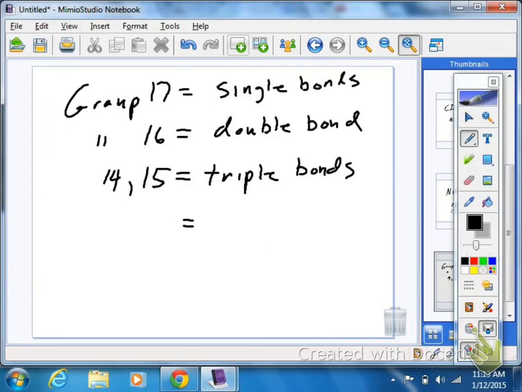Okay? If you look at group 14, they can have 2 double bonds. So that one's kind of different. I'm going to give that one for you. But they can have 2 sets of double bonds. Okay?